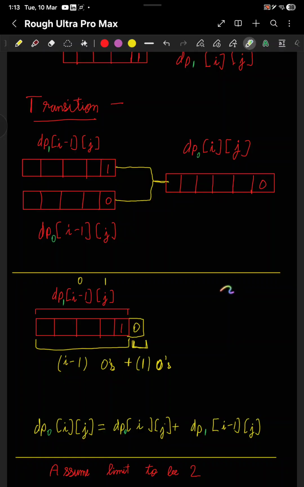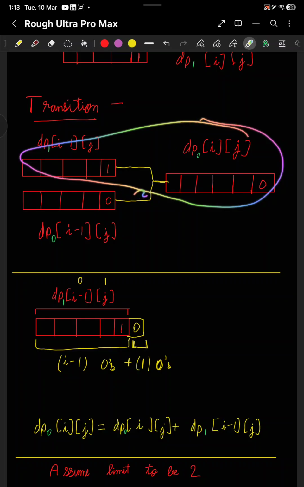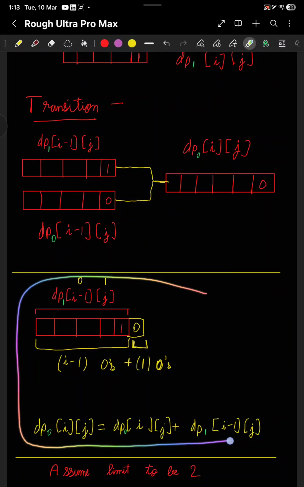So that does not in any way exceed our limit, and this was previously safe. So we simply add it to our cases. So this part is completed, and here is the solution for this.